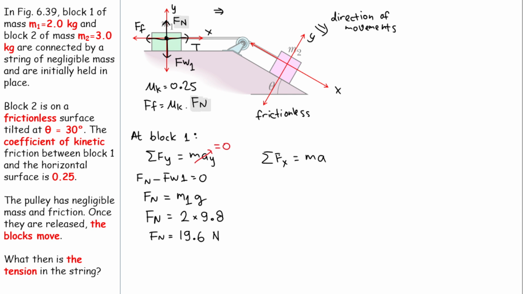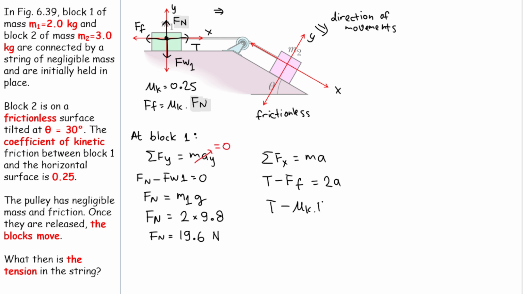Okay, now we have Fx, and on the positive side we will have T. And then on the negative side, we will have force of friction, minus Ff. Okay, and then we will have mass times acceleration, and the mass of the block is 2 kilogram. So I'll have 2a here.